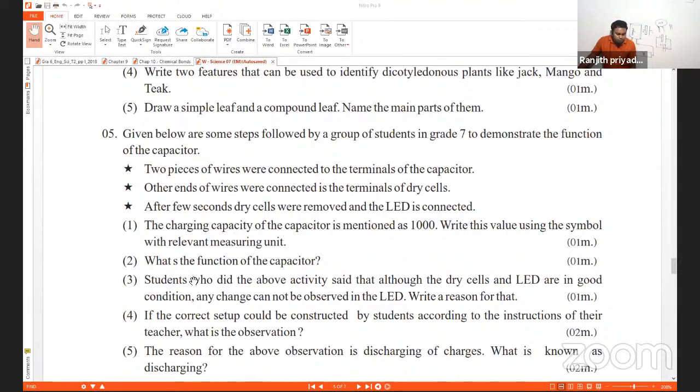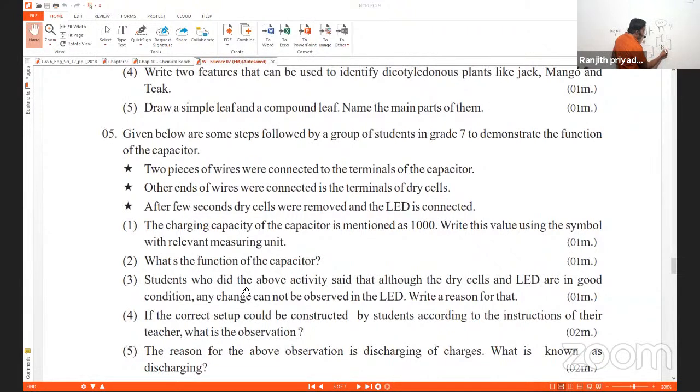Okay, so the function of the capacitor is storing electrical charges for a little period of time, because when you remove these charging cells and replace them with an LED bulb, LED means positive to positive, just like an arrow.